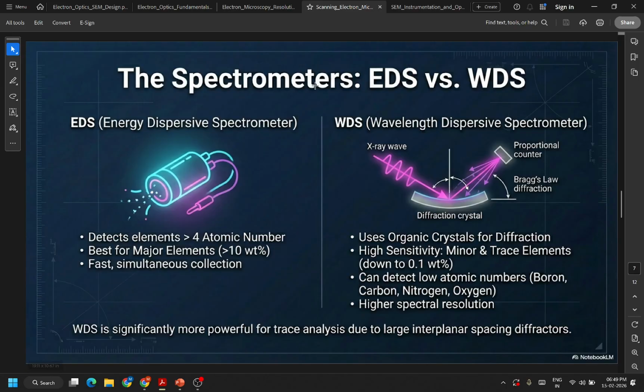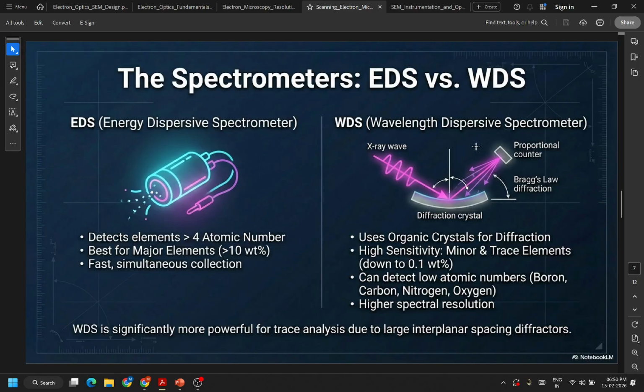The energy dispersive spectrometer detects the difference in energies, and it can detect elements which have an atomic number greater than 4, and it is best for major elements, that is elements which are present at greater than 10%, and it is very fast, and it collects simultaneously for all energies.